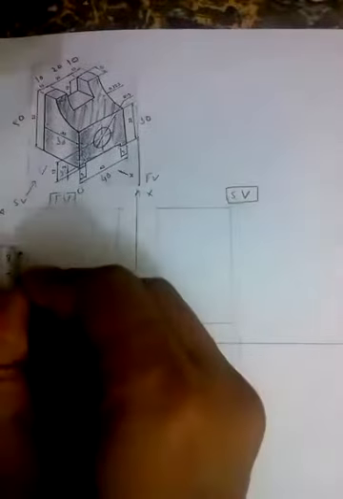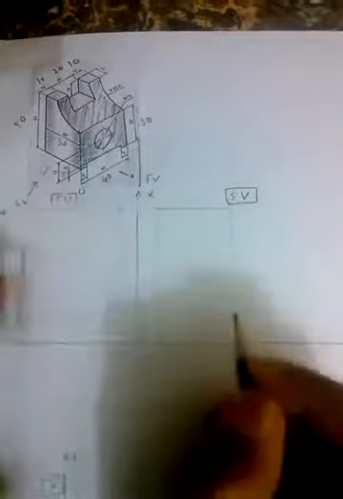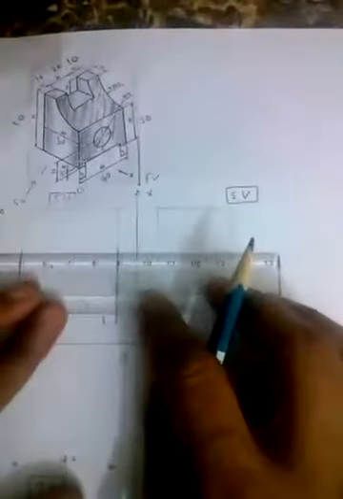This point is here, this point is here, and this point is here. From here it is 30, so we'll take 30. Then this is joined, so we'll just join that.